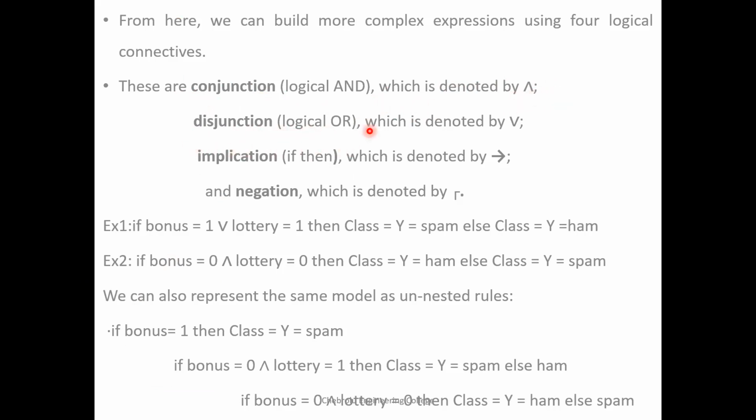Similarly, disjunction. Two or more logical expressions can be combined by or. Implication. That is, if this happens, this happens. If this doesn't happen, this won't happen. Such things are denoted by the arrow mark. And the negation, which is denoted by this. So, you all might be knowing that.